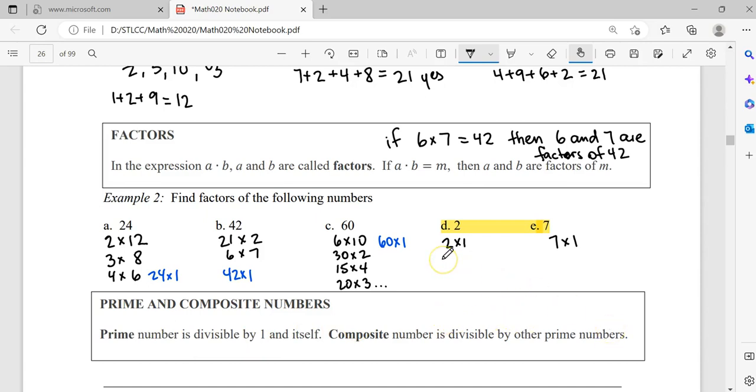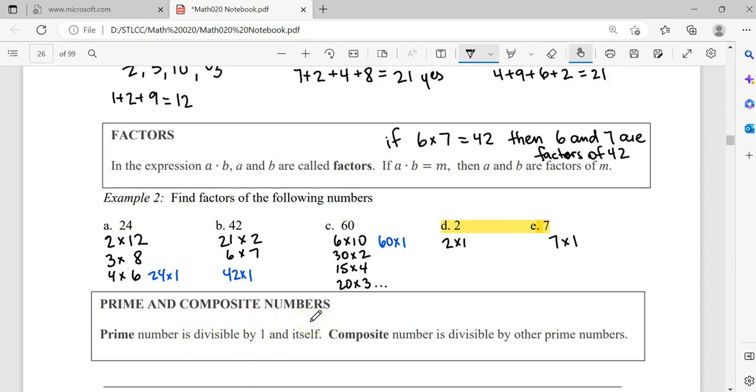So if you can think of more than one way of representing the number through multiplication, that would be a composite number. So that would be our examples A, B, and C. But if you cannot think of any way except for multiplying that number by 1, that means it's a prime number. Okay? So prime: divisible by 1 and itself.